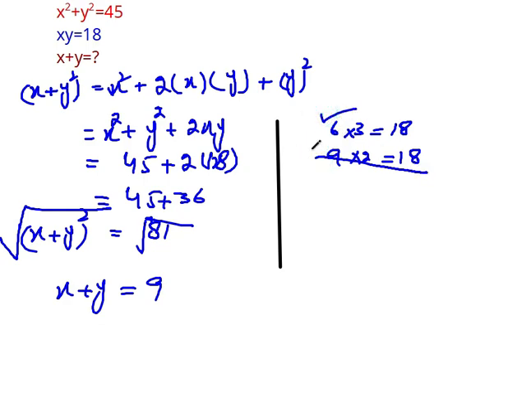If we take 6 and 3, let's suppose x is equal to 6 and y is equal to 3, or y is equal to 6 and x is equal to 3, it doesn't matter.